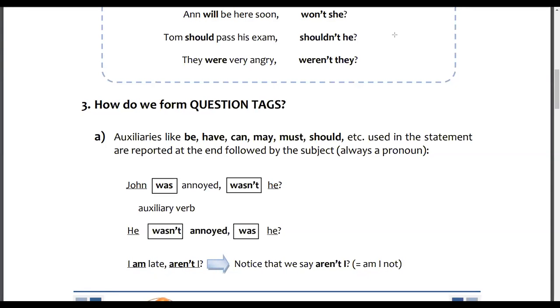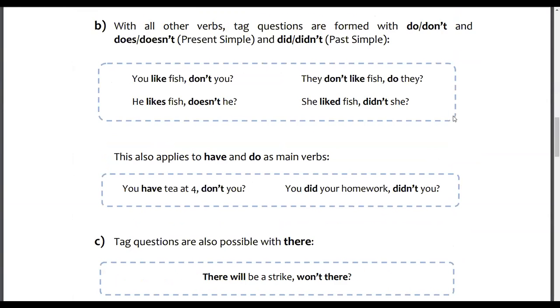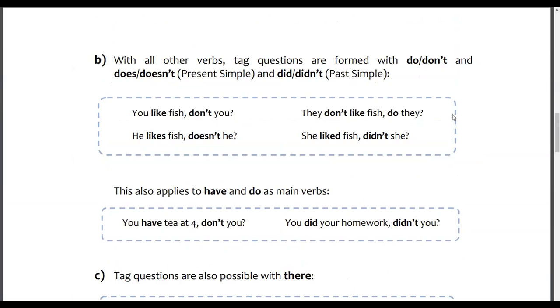So there you go, students. That's how we form question tags. Now, we are going to go a little further here so that you may have more than just one simple explanation. Here we go even deeper, okay? Here we go into the 12 verb tenses that we all know there are in English. But here we're going to give just one example.